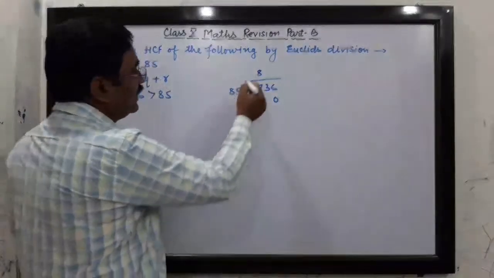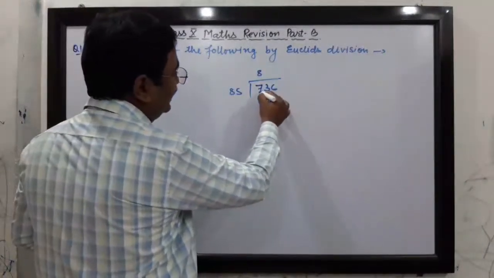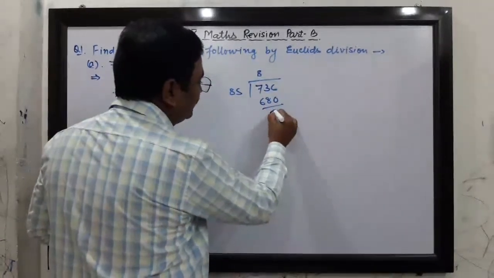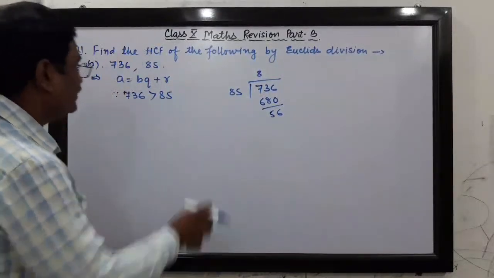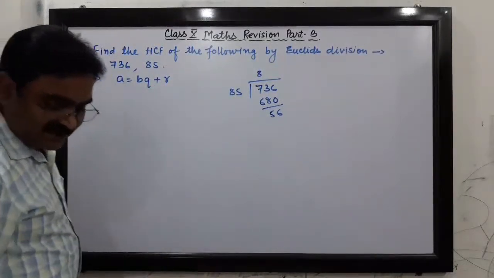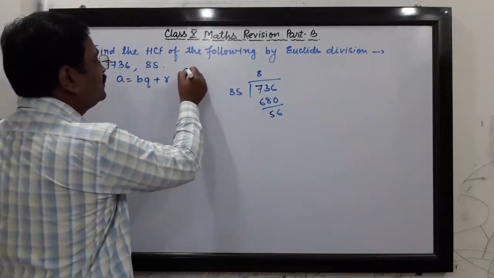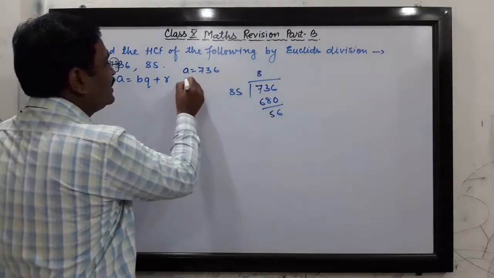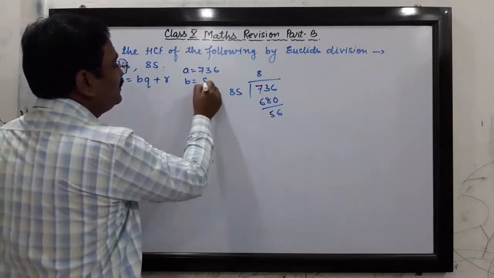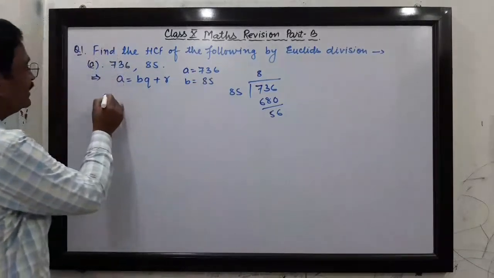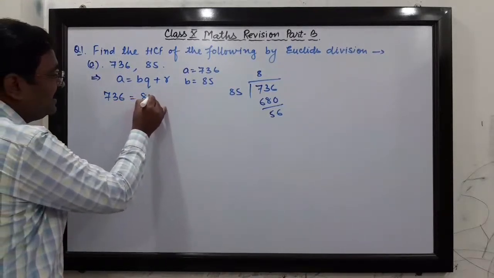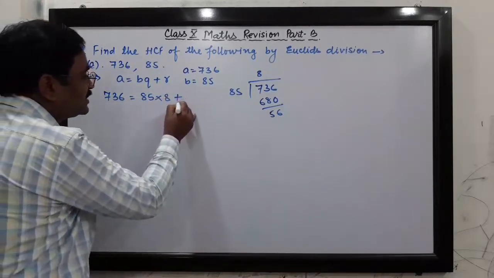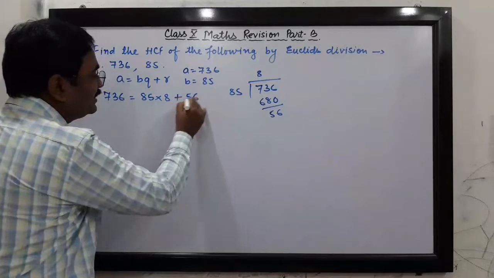So let us divide this. The remainder is 56. So according to Euclid's division method, if A is 736 and B is 85, then you can write 736 equals 85 multiplied by 8 plus remainder 56.